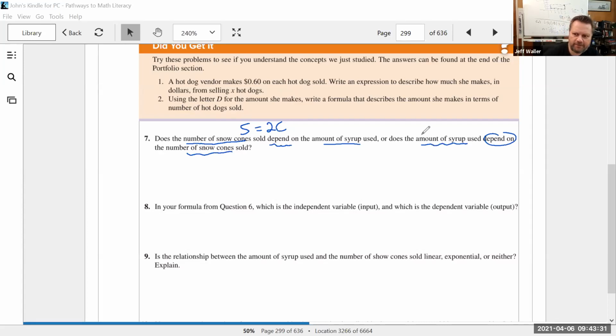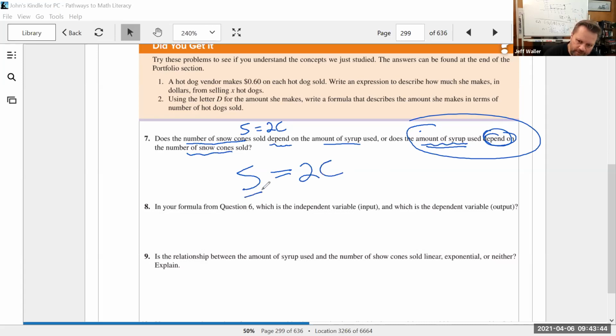Yes, it's this one. The amount of syrup depends on the number of cones, because syrup is twice cones. I like it.